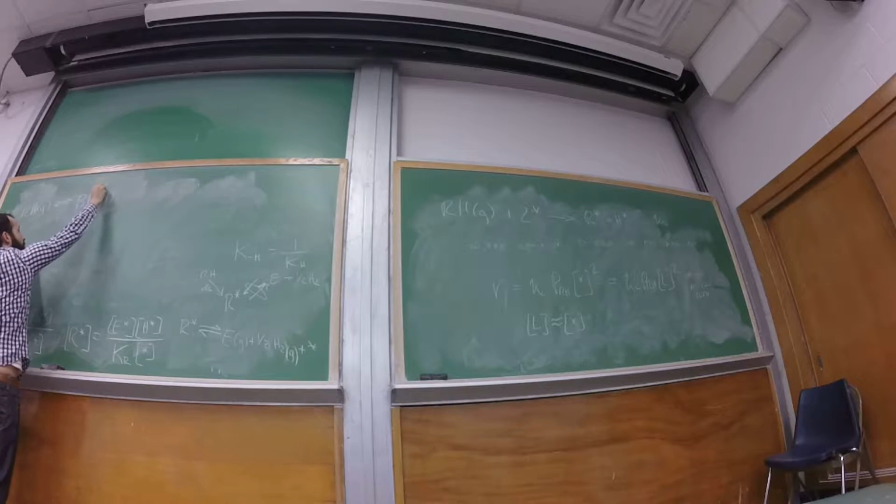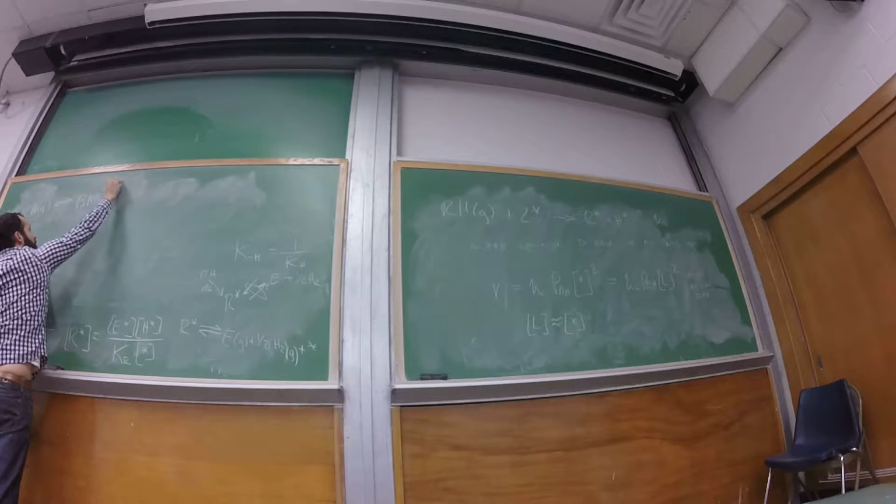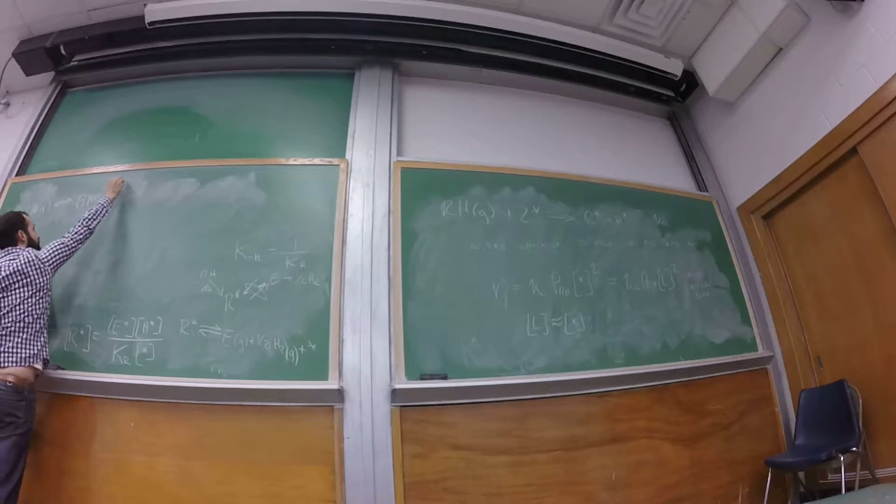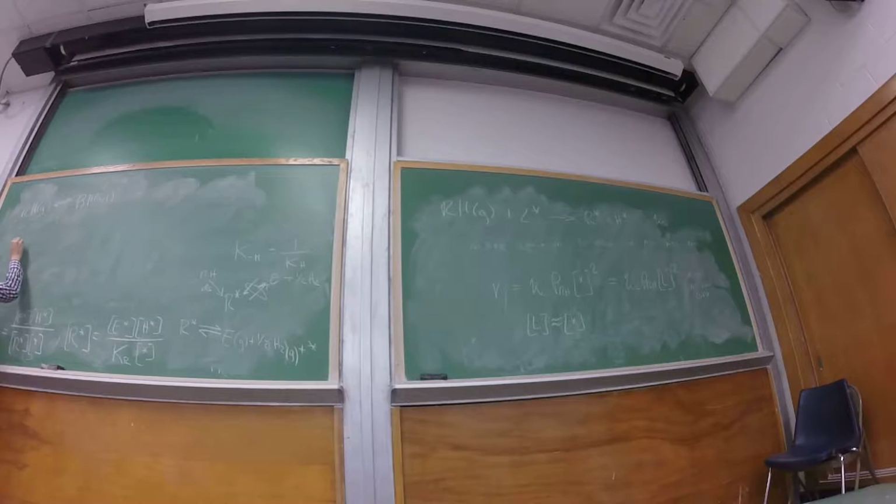So think physisorb. And he doesn't want to say that physisorb sites are sites, so he doesn't draw sites. And then the physisorbed species reacts with two sites.